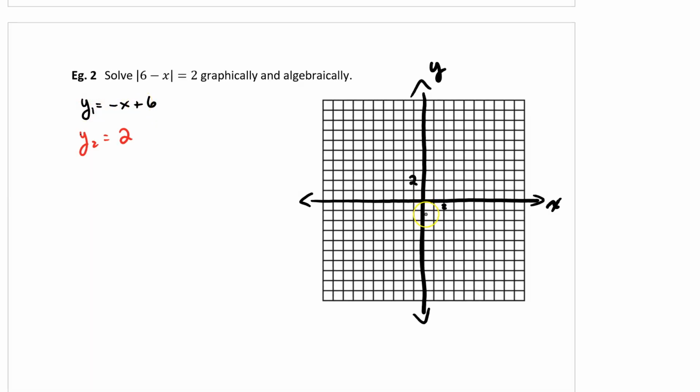So negative x plus 6, so 2, 4, 6, this is where my b is going to be. And I have a negative slope, so we're going to go like this. And this one goes up like this. Perfect.